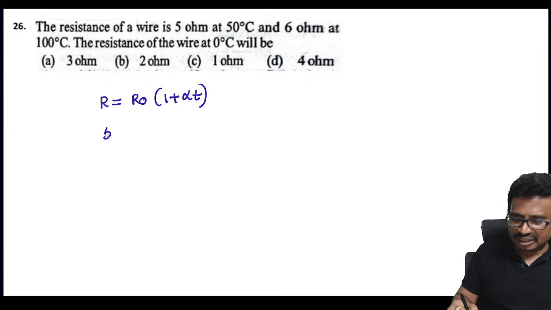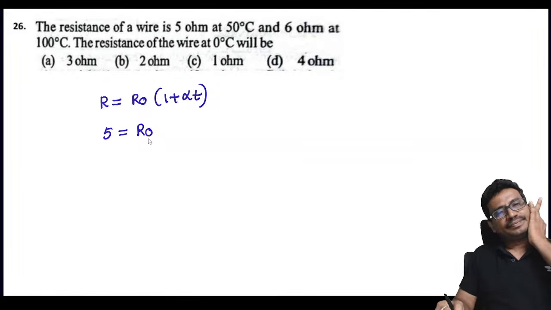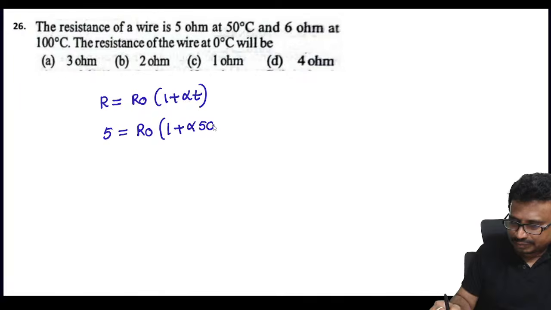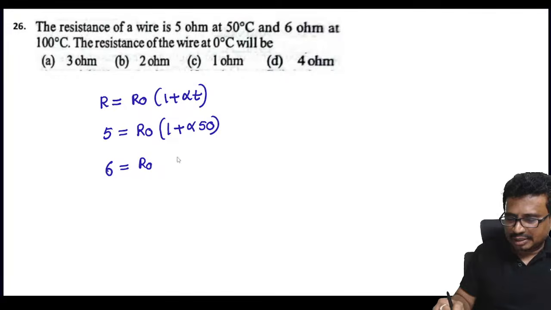So 5 equals R naught into 1 plus alpha into 50. We don't know alpha. Next, 6 equals R naught into 1 plus 100 alpha.